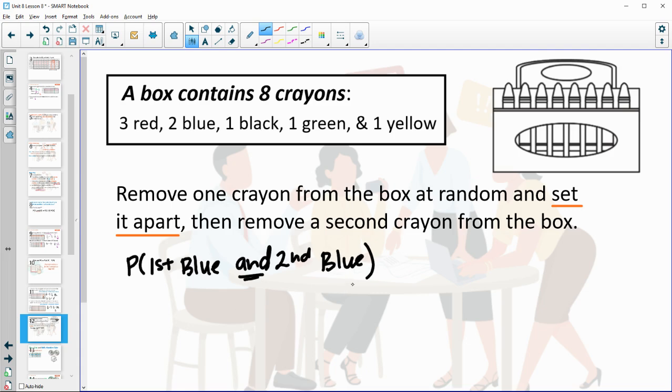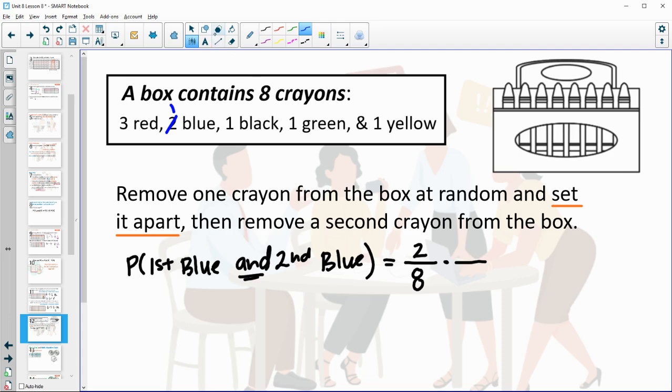So for this, we can just take a look at what is the probability that the first is a blue. So there are 8 crayons in the box. 2 of them are blue. So that means we have a 2 in 8 chance of drawing a blue one the first time. Now we're going to multiply that by the probability of a blue the second time. So now we've drawn one of the blues already.